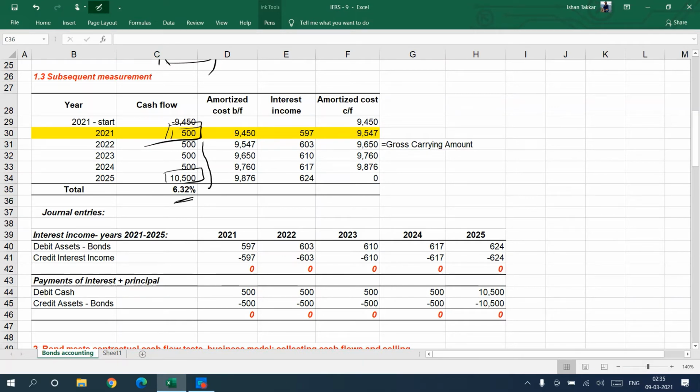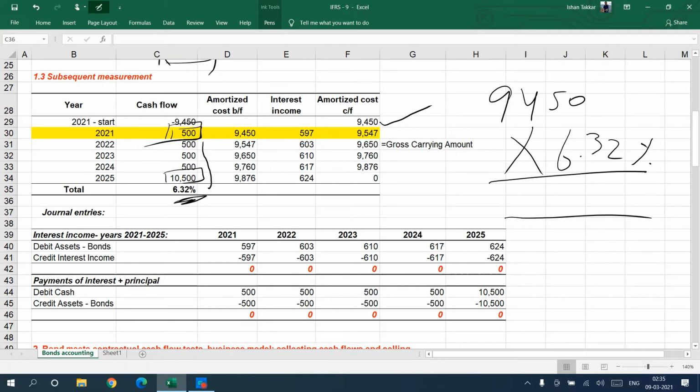So what interest income will you be showing? You'll be showing 6.32% on amortized cost. Your amortized cost is 9450 and you're earning 6.32%. You will calculate and get 597. So for the first year, you will show in the P&L that you have earned 597 and not 500.